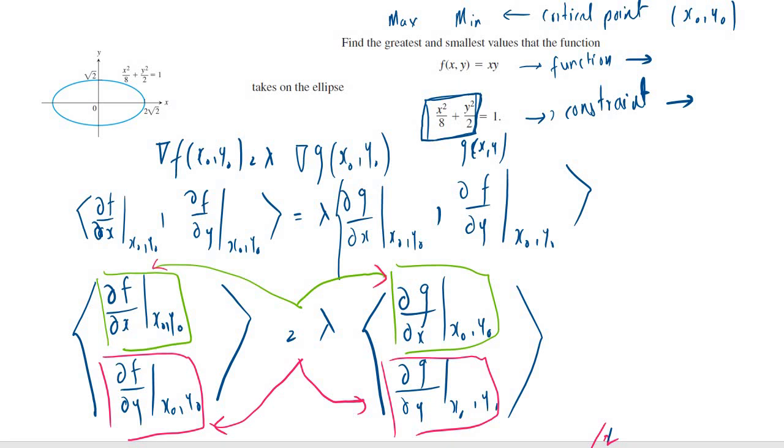The third equation is the constraint with the constant, because the critical point has to be on the constraint: x0 squared plus y0 squared over 2 equals 1. So these are the three equations.